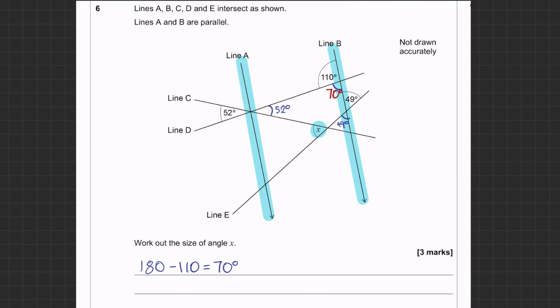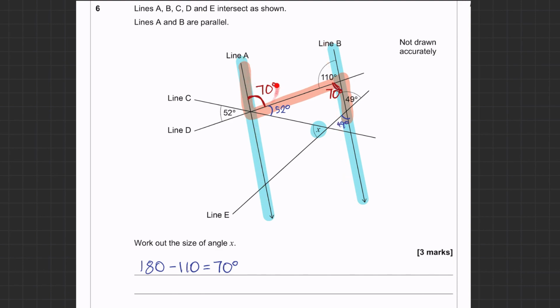We now need to use our knowledge of alternate angles and corresponding angles. So if we've got this X here, we need to find what this angle is here and what this angle is here. I'm going to focus on this bit over here to try and find this angle first. If you think of alternate angles, which are Z angles, we can actually see here, I'm going to highlight this, there we go, we've got 70 degrees here, which must mean 70 degrees is also here, because of these 2 parallel lines.